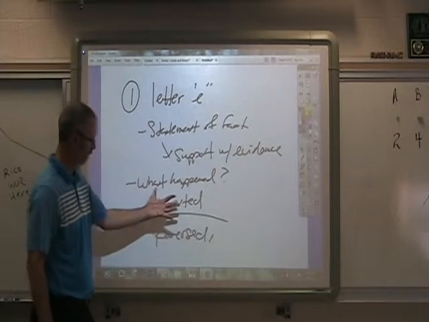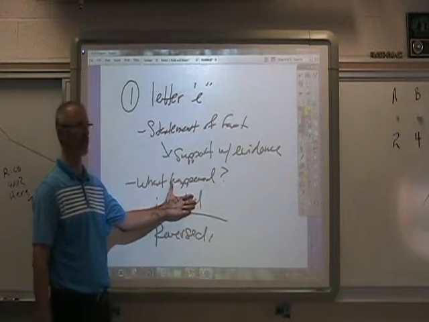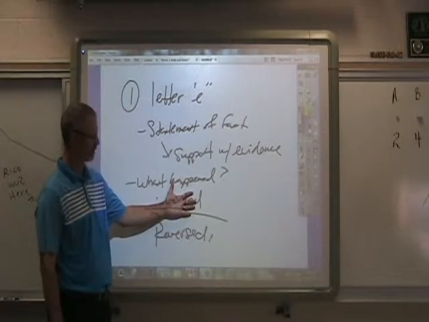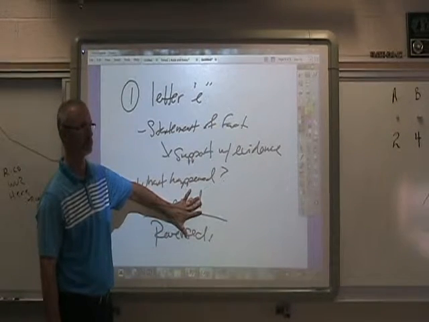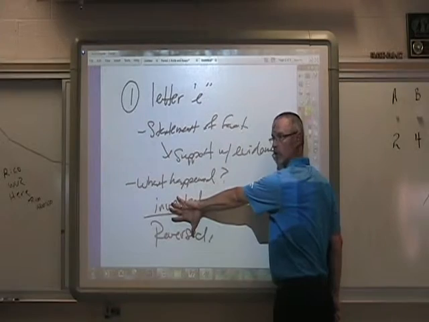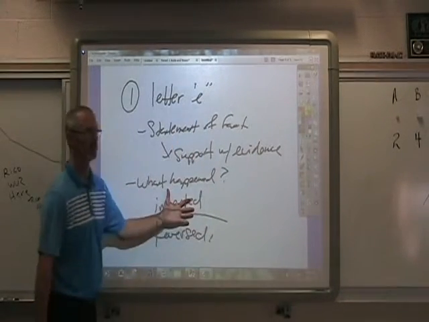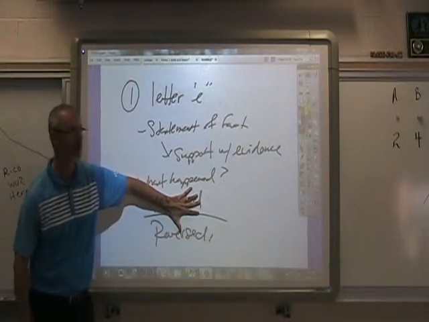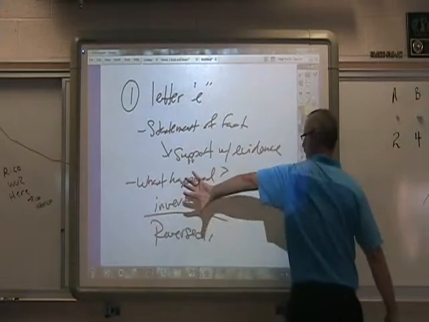Okay, watch. I'm going to show you this with my hand. This is the letter E. It was upside down and reversed. Did you see that? I'll do it again. It was inverted and then it was reversed.